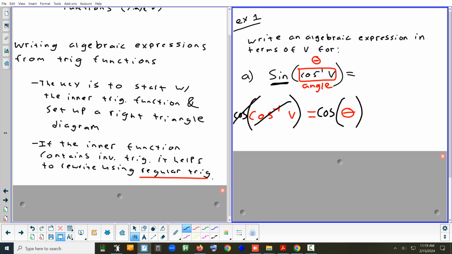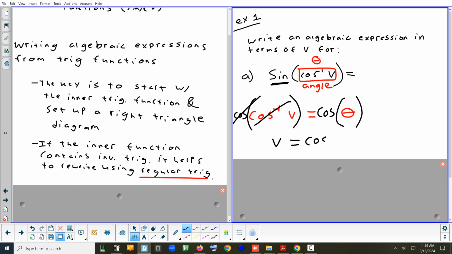So now on the left-hand side, what do I have left? V equals, what do I have on the right-hand side? Cosine of theta. Now that is something I can draw a picture of. Think of cosine. What's the definition of cosine? It's what side over what side?